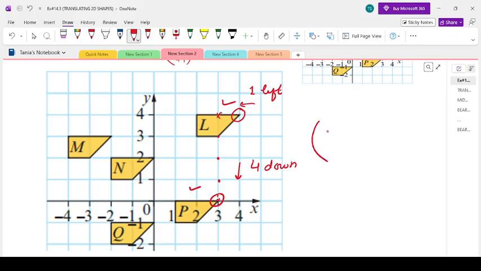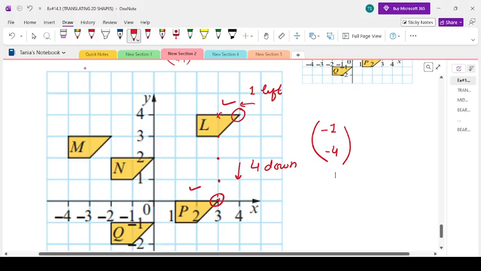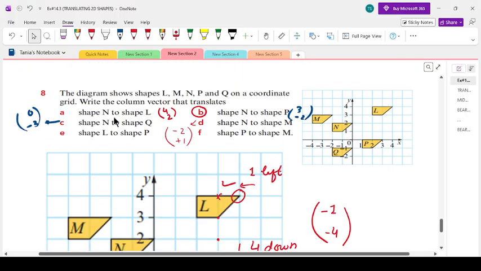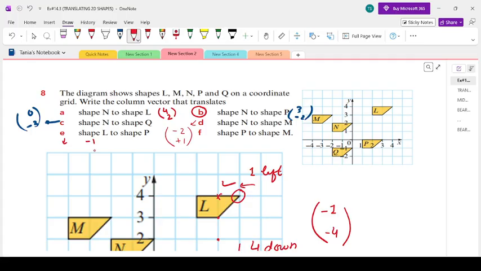So the column vector must be on the left side means -1 and downward direction -4. So for E part, we can say it will be (-1, -4).